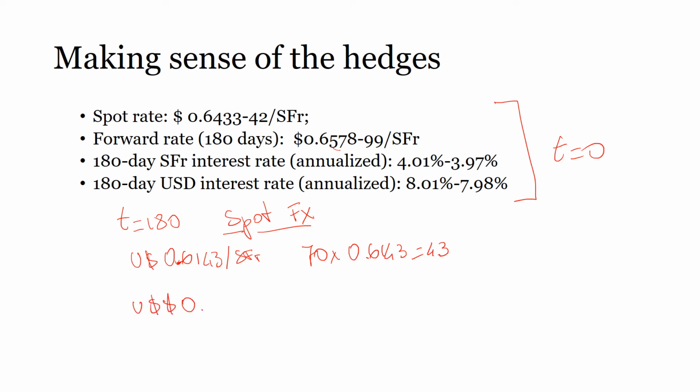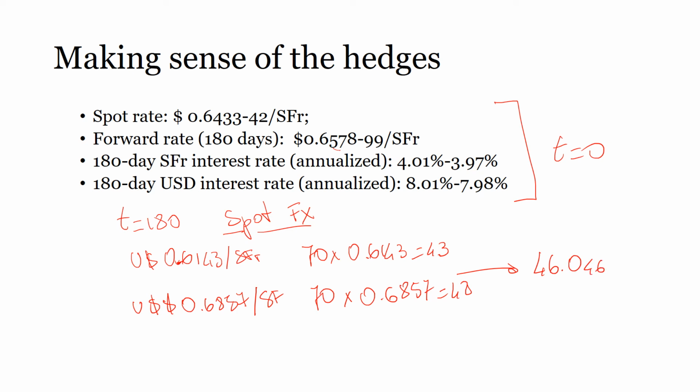Suppose you have a depreciation of the dollar, then your Swiss francs become $48 million. Okay, your forward market hedge gave you $46 million.